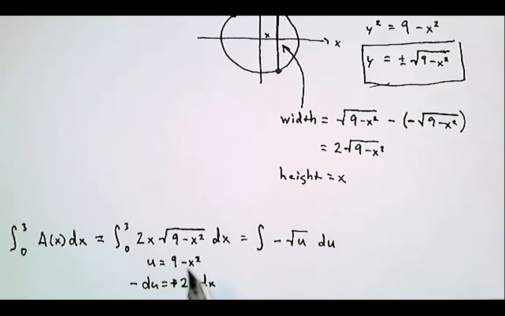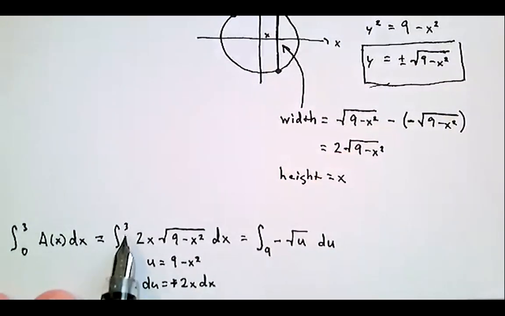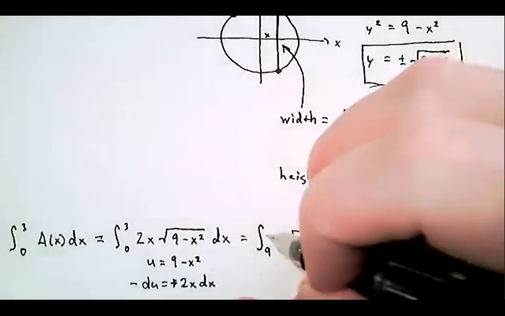So you use this formula to change the u's back to x's. The other way, the way that I prefer to do it most of the time, is to actually change the limits of integration based off of the substitution. So in order to figure out what the new lower limit of integration is, you would plug in 0 here. So 9 minus 0 squared would give us a new lower limit of 9. And then a new upper limit we would get by plugging in 3. 9 minus 3 squared is 0.